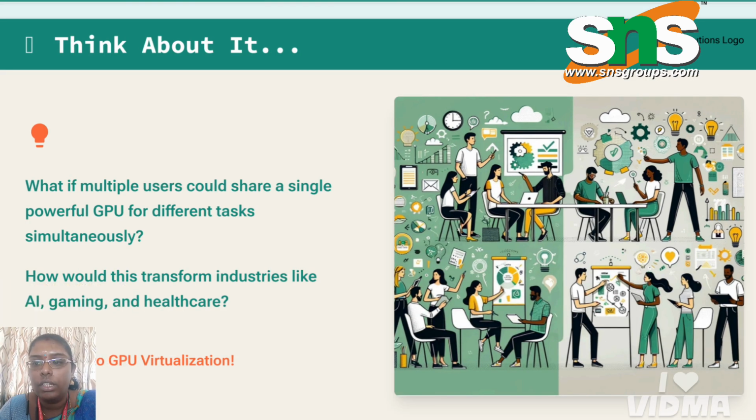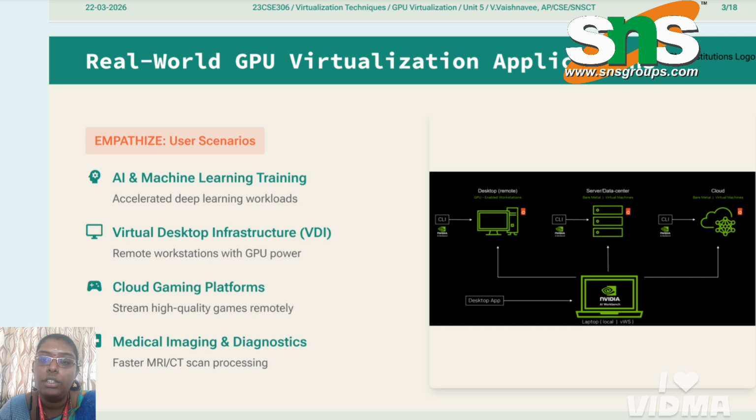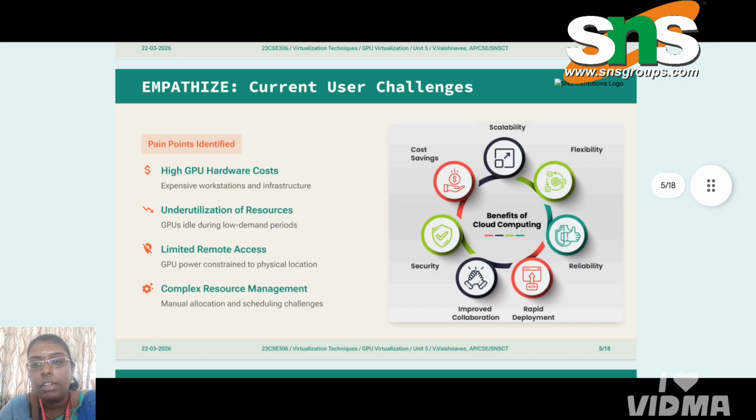So let's understand the real world problem. In today's world, AI training needs massive GPU power, gaming platforms require high performance graphics, and hospitals process MRI scans using GPUs. But there is an issue: GPUs are very expensive. Many times GPUs stay idle. Users cannot easily access them remotely.